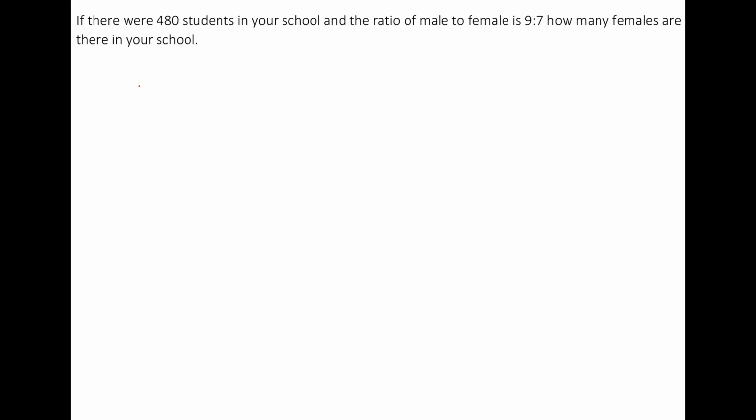Okay, another example. If there were 480 students in your school and the ratio of male to female is 9 to 7, how many females are there in your school? So to answer this question here, I'm simply going to write male to female, okay?